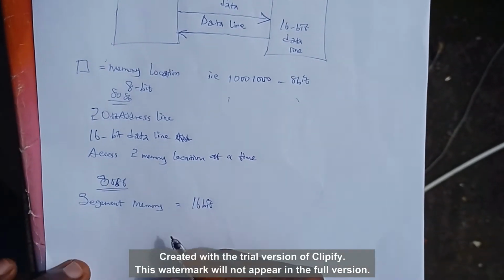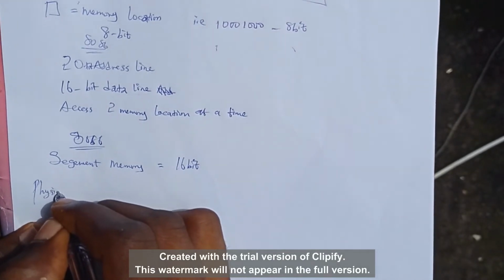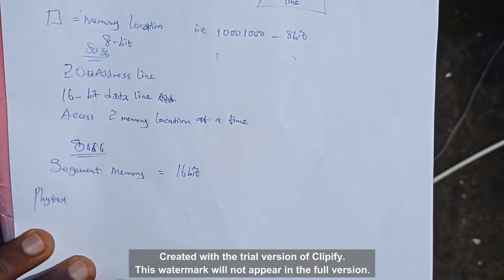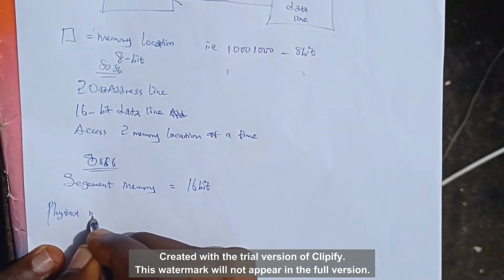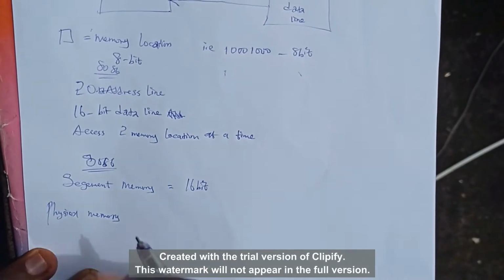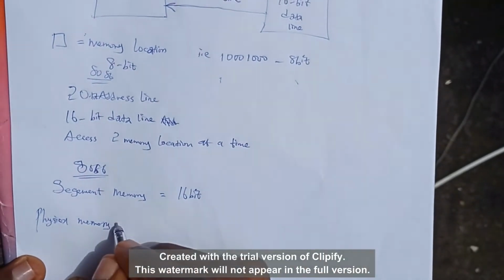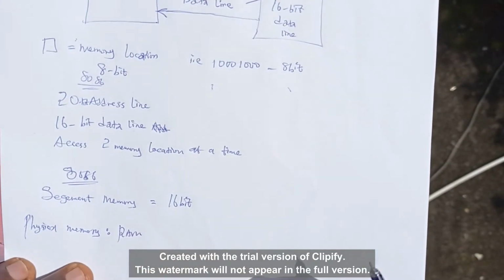Now, for clarification, let me start from here. From here we go to memory segmentation. Physical memory, we always hear this kind of term. So what is physical memory? Physical memory is our RAM. We all know RAM.